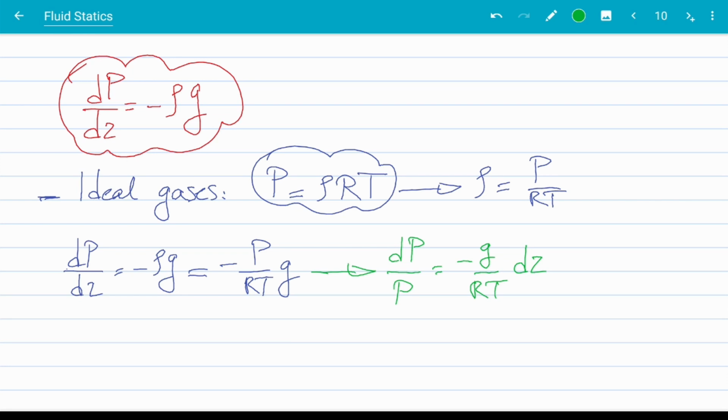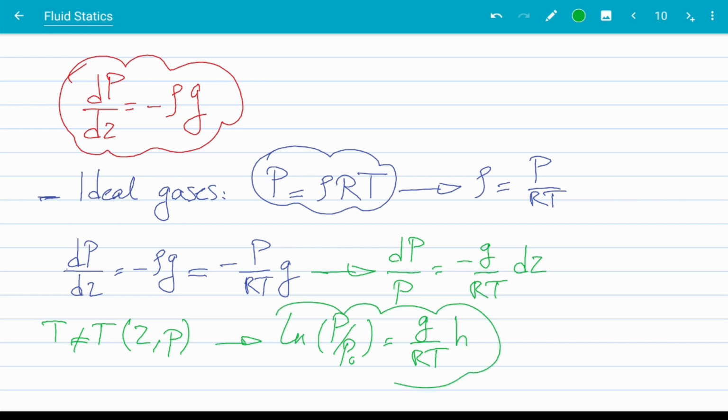The only other variable besides pressure and z is temperature T. Now again, if temperature is not a function of either elevation z or pressure p, then I can take this integral and say the natural log of p over p0 is equal to g over RT times h. Again, h is z0 minus z.